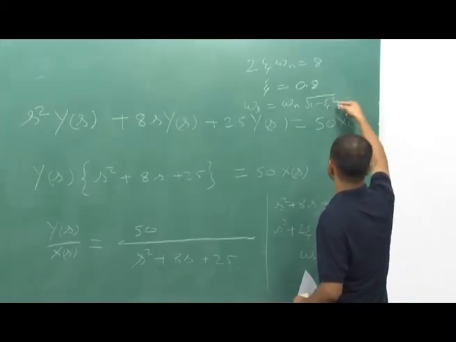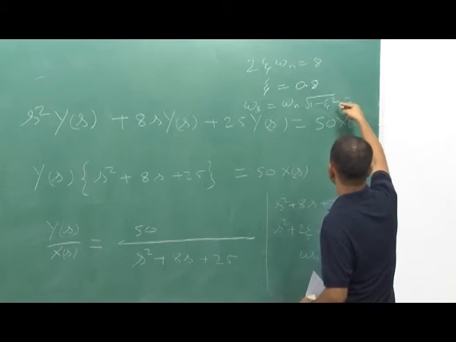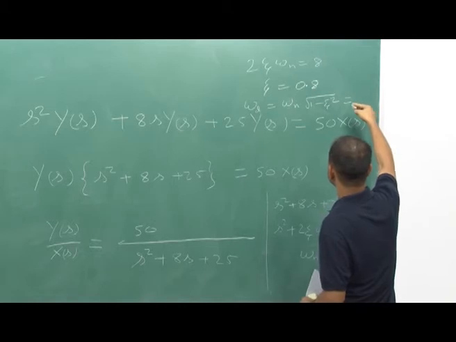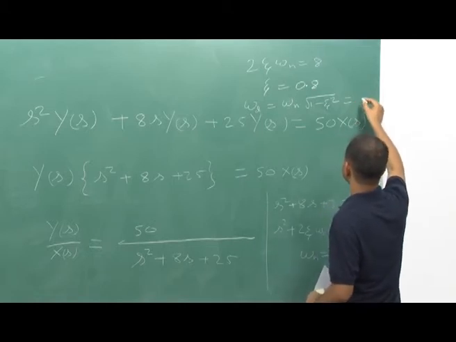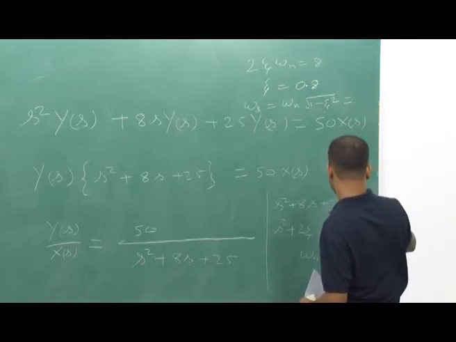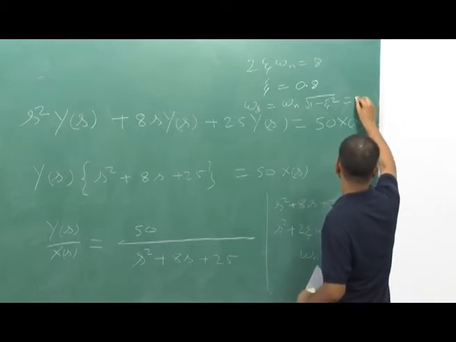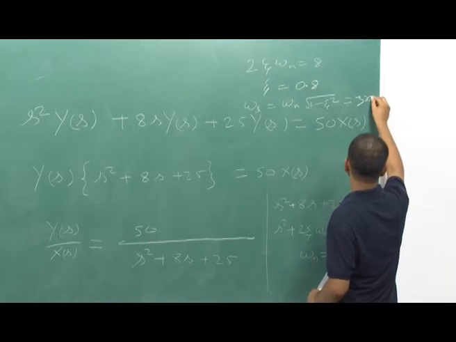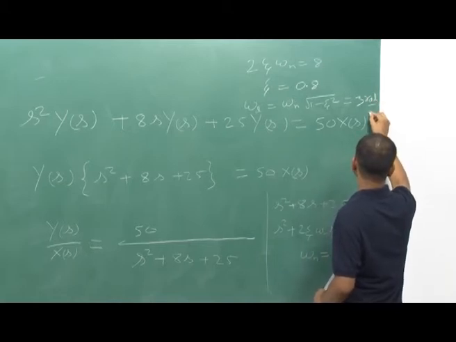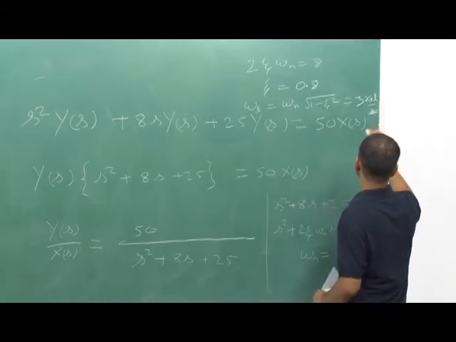So, 1 minus 0.8 square is 0.64, 1 minus 0.64 is 0.36, so root is 0.6, and omega n is 5, then 5 into 0.6 will be 3 radian per second.